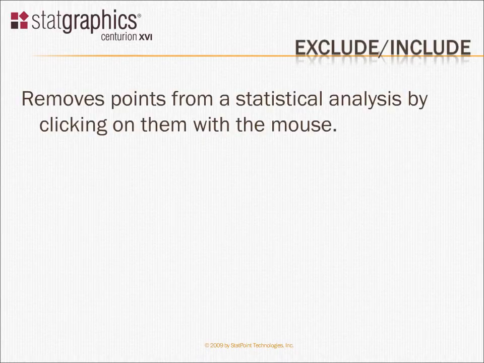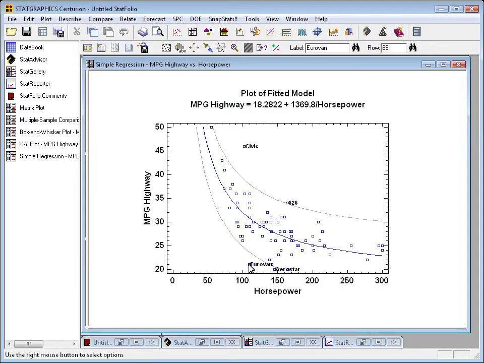The one last dynamic capability I want to show is the ability to remove a point from a statistical analysis simply by clicking on it with a mouse. Taking the plot I showed you a moment ago, the Civic is way away from the prediction limits and the model that seems to describe all of the other points.